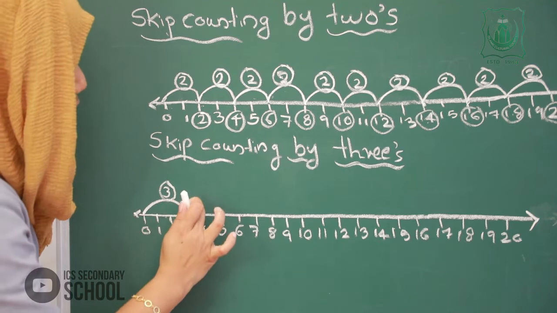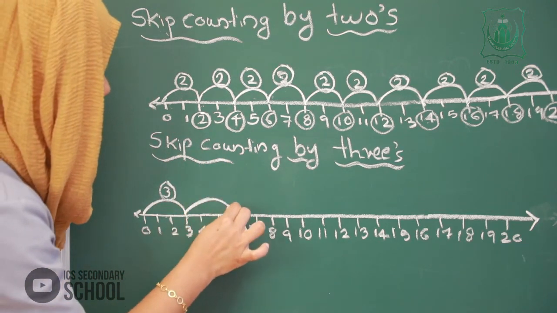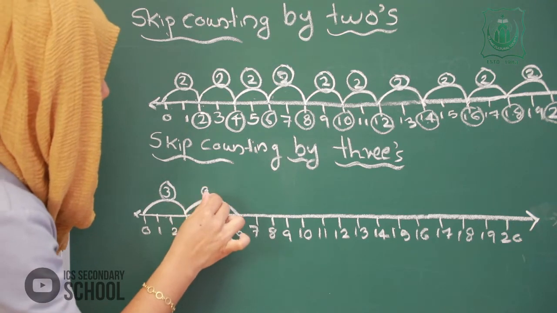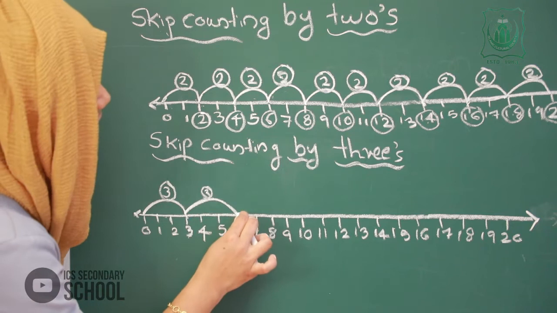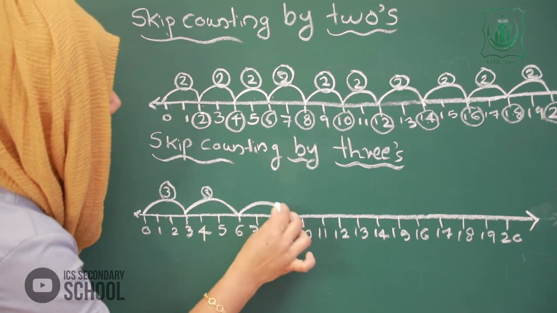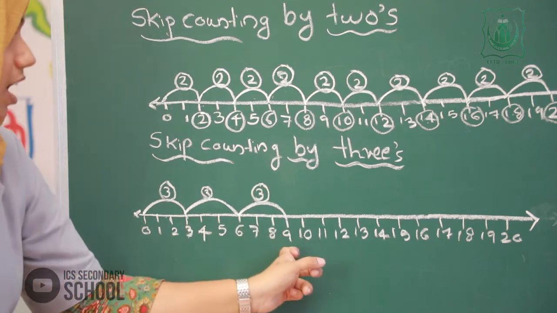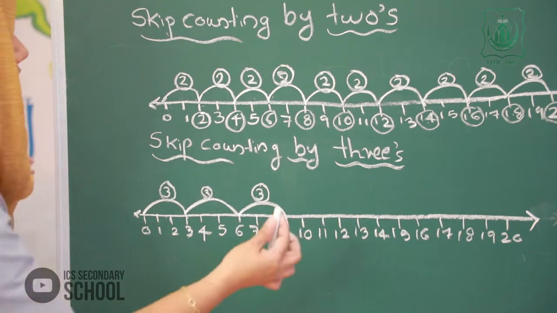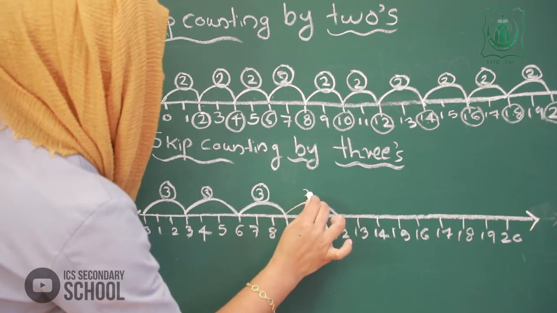Count 3: 1, 2, 3. We get 6. Again, from 6, count 3. We get 9. Very good.